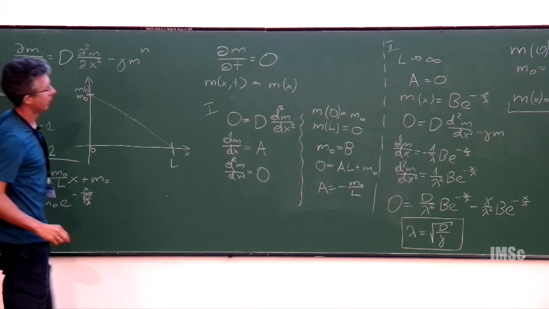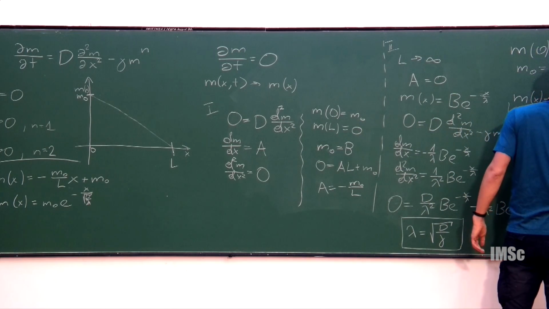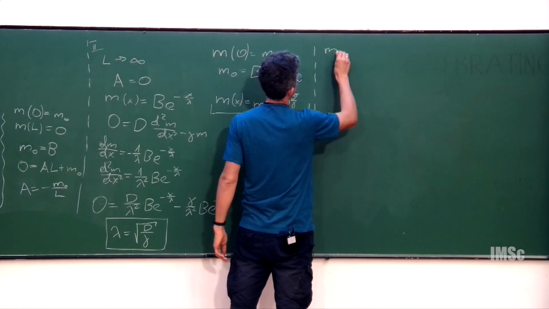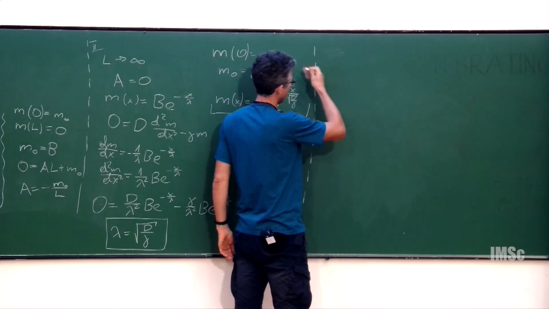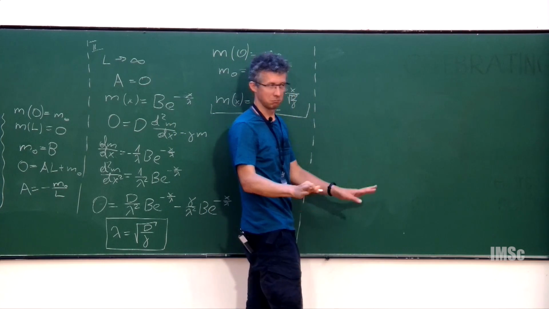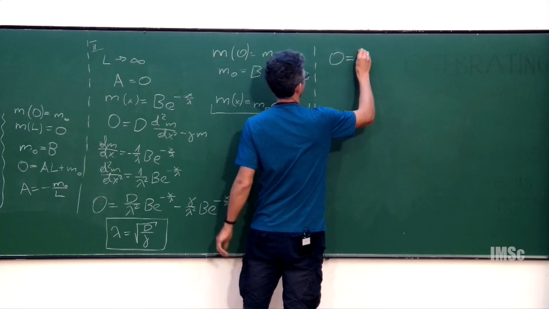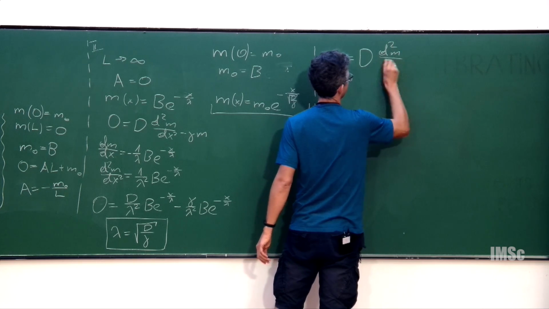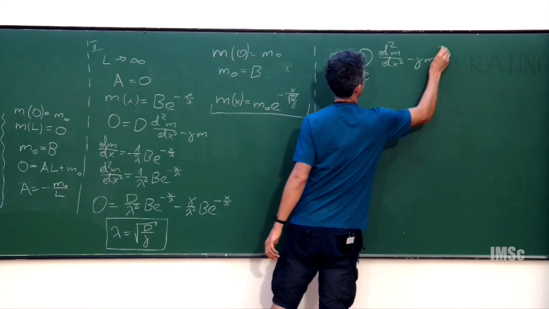Okay, and now we have the last one, which is a bit maybe more demanding in terms of taking derivatives, but nothing else, the procedure is exactly the same. So we again start with the steady state. So we want to look for the solution in the steady state.